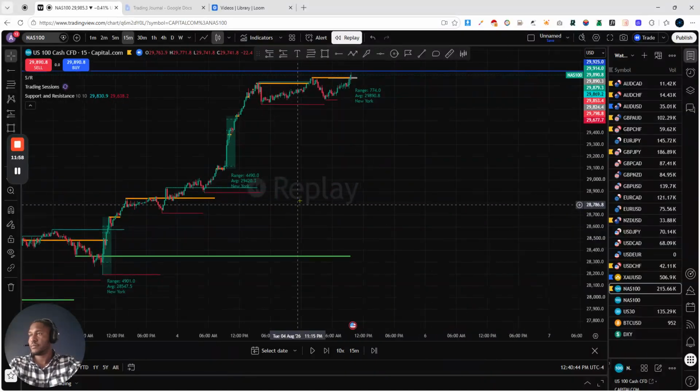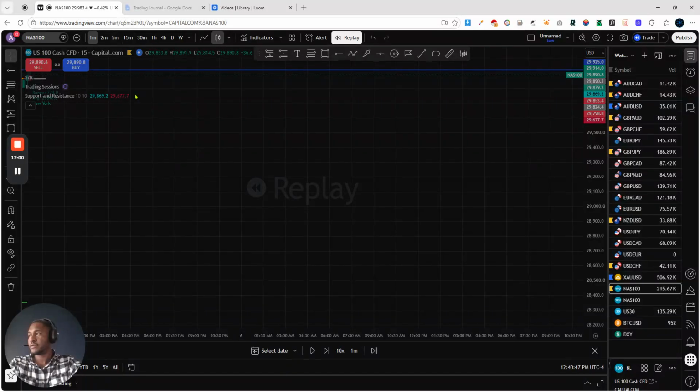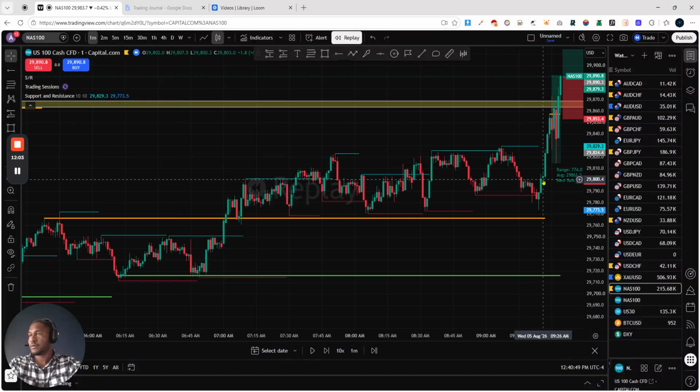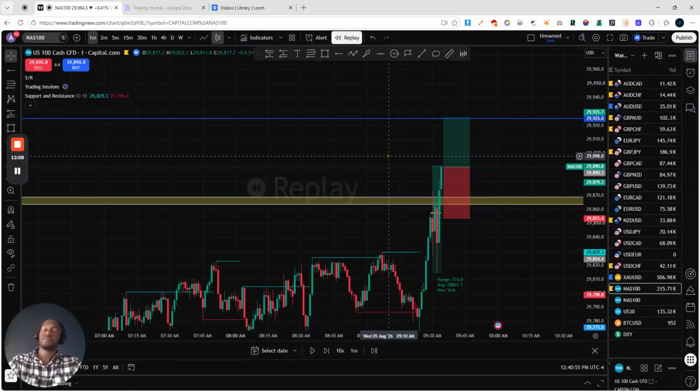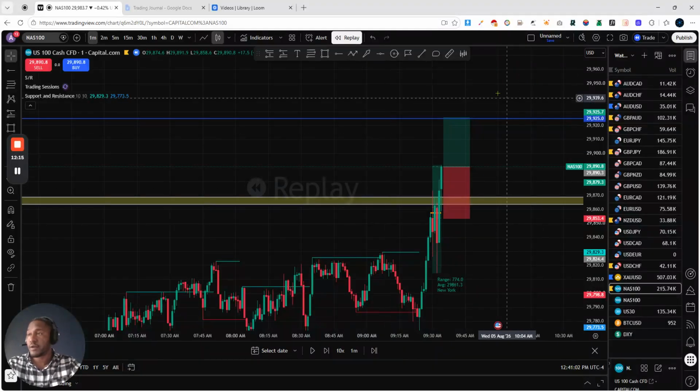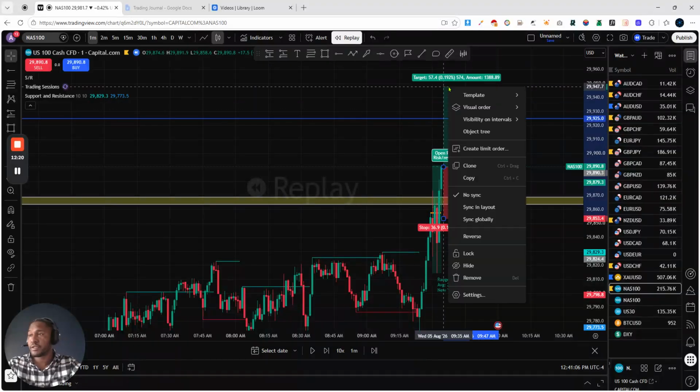Boom. Go back to the 1 minute. Reset. Boom. So, okay, this is my second trade. I've lost one. If I get a 1 to 1, I break even. So I don't want to break even. I want a 1 to 2 so I can have some profit on the day.